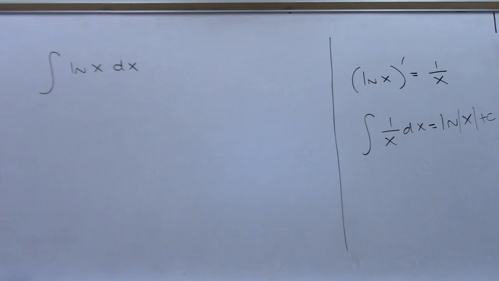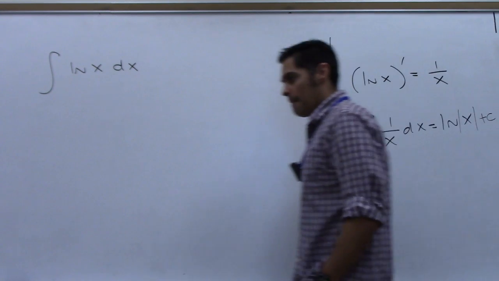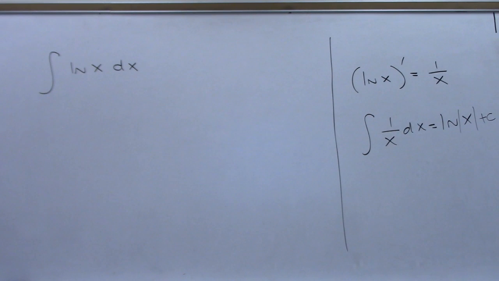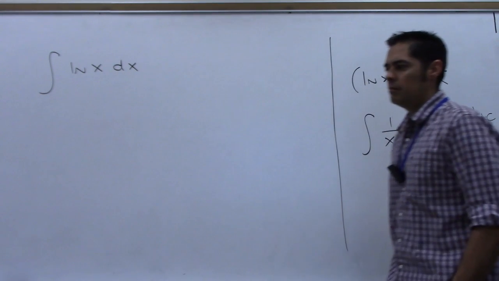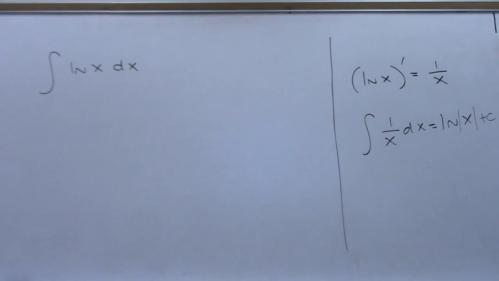You have a question? Plus C. Oh, yeah. You're asking me if that's correct? You check. When you get your answer, you take its derivative, you should get natural log x, right? Works? You do product rule there? Yep. Okay, good.